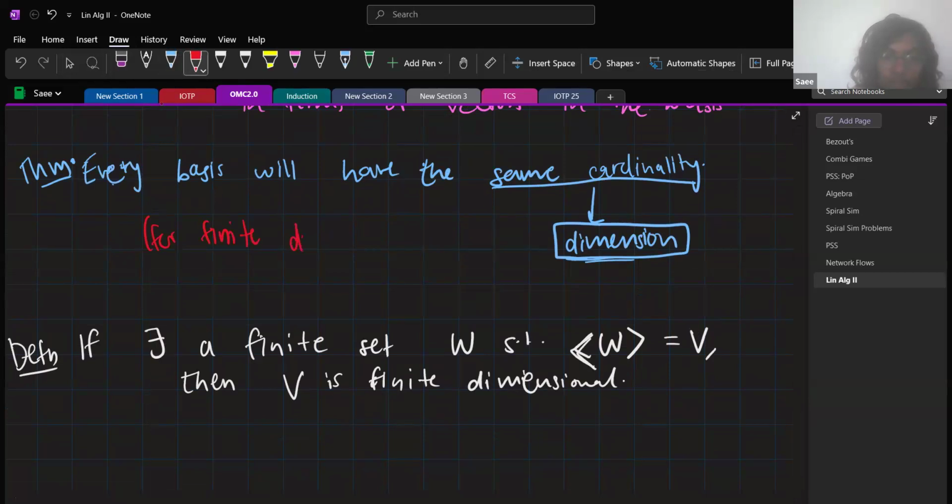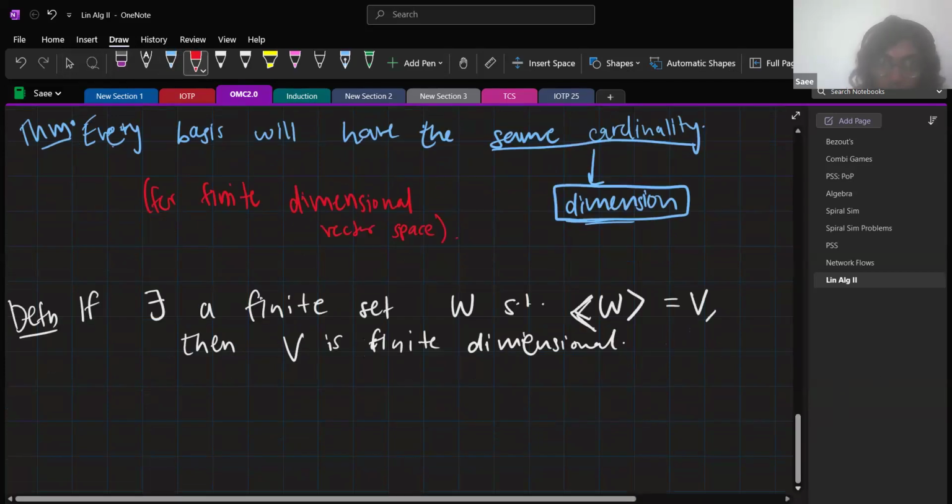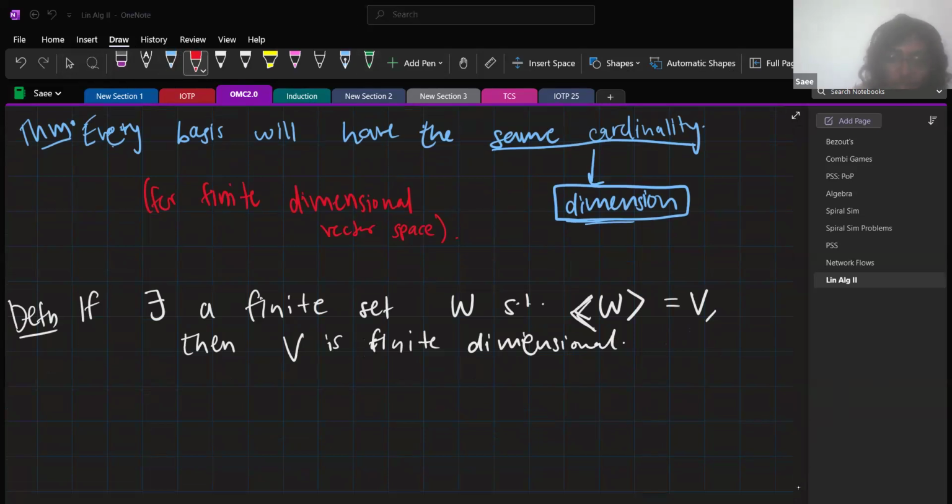We'll try to prove it for finite dimensional vector spaces. I hope the claim is clear. Now we can try to prove the claim.